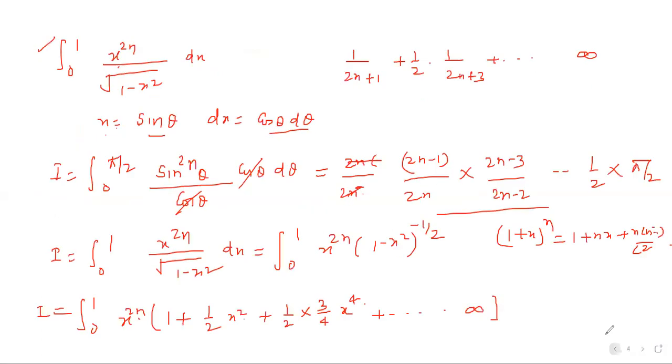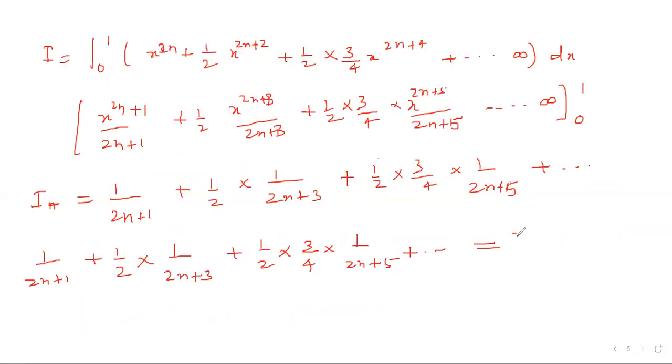So the previous result was 2n minus 1 upon 2n. So we can write here 2n minus 1 upon 2n multiplied by 2n minus 3 upon 2n minus 2 and so on, 1 by 2 into pi by 2. And that is our answer.